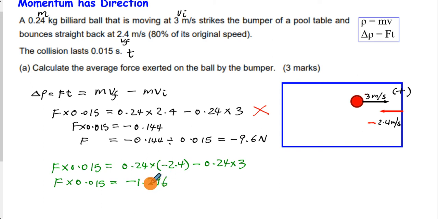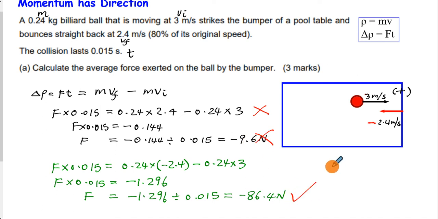You can see this one is much bigger than the 0.144 number, and F therefore equals minus 1.296 divided by 0.015, and that equals minus 86.4 newtons. So this wrong answer, you can see the magnitude of the force is much smaller, whereas this correct answer, the magnitude of the force is much bigger.